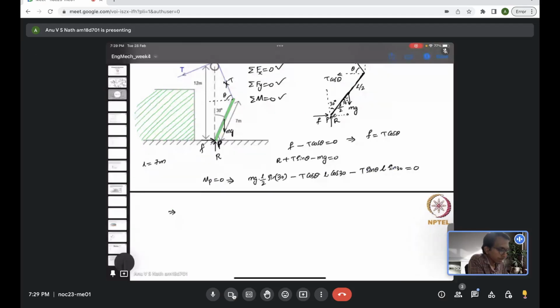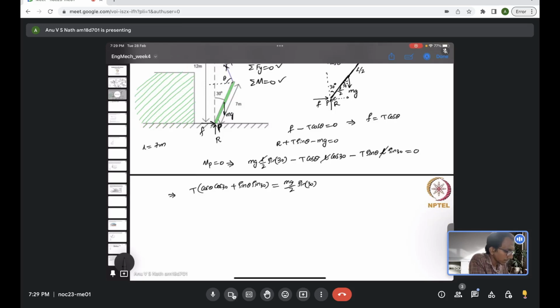M is known, g is known, L we don't need. L is 7 meters, it's given, but L will anyway get cancelled from all the terms, and we can just rearrange. So T times (cos theta cos 30 plus sin theta sin 30) is equal to mg by 2 sin 30.